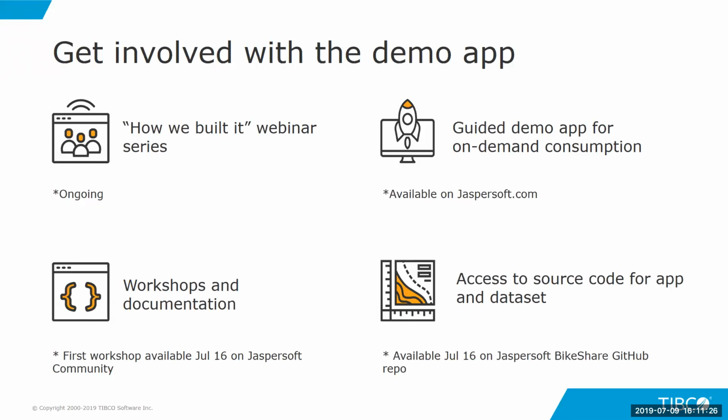We're really excited to share that with you and allow you to see behind the scenes exactly how this application was developed. So those 4 things will be really helpful resources for you to learn about the demo app, and it will be continually added to as we go through the rest of this workshop series.